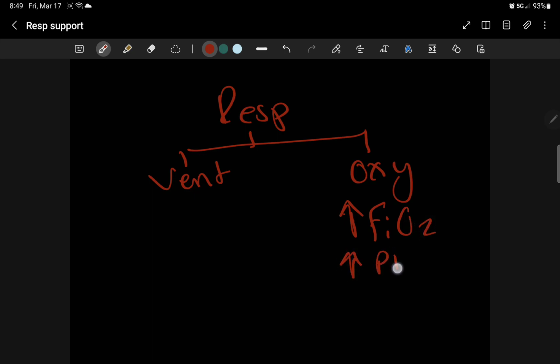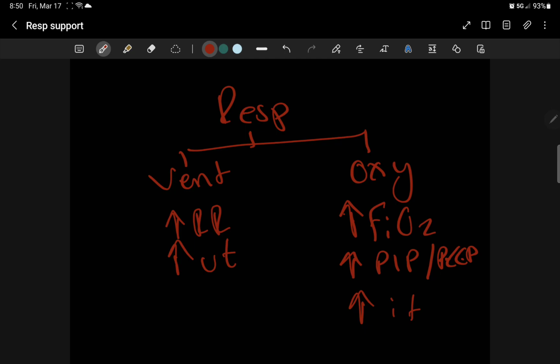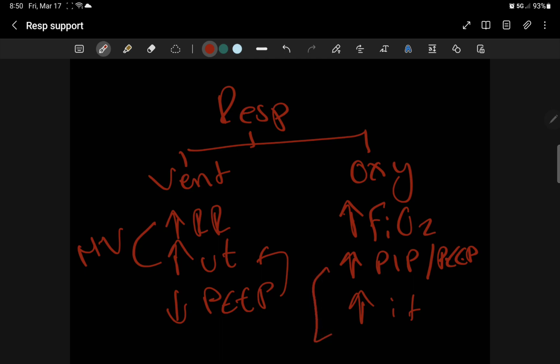I increase my PIP, or I can increase my PEEP to help with oxygenation of the patient. I can increase my I time. When it comes to my ventilation, I can increase my respiratory rate. I can help with my tidal volumes. I can lower my PEEP, which indirectly improves my tidal volumes, which basically here I'm talking about my minute ventilation, and here I'm talking about my mean airway pressure, right?